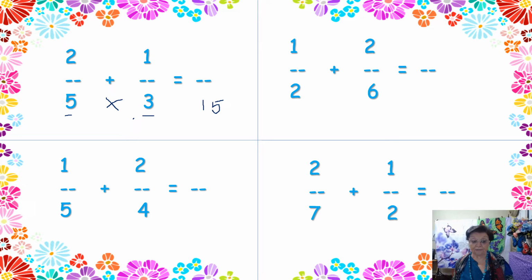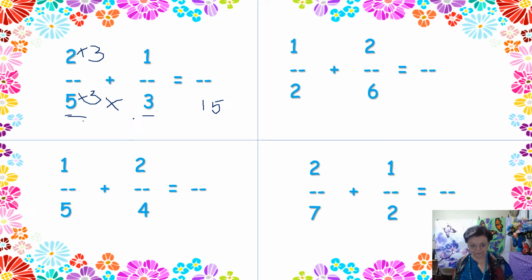So on the bottom, I multiplied 5 times 3. So what am I going to have to do on the top of this fraction? Whatever you do to the bottom, you have to do to the top. So I have to go 2 times 3.